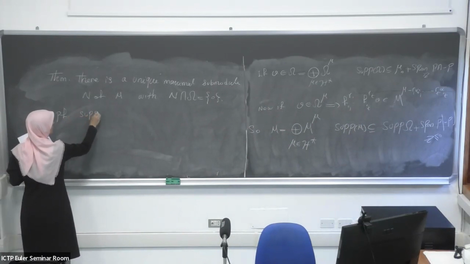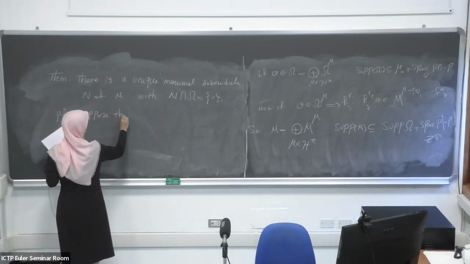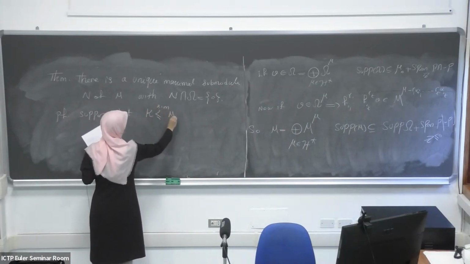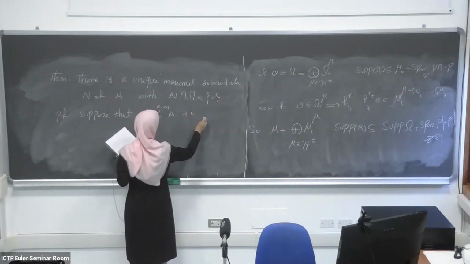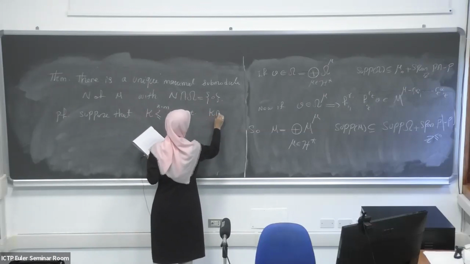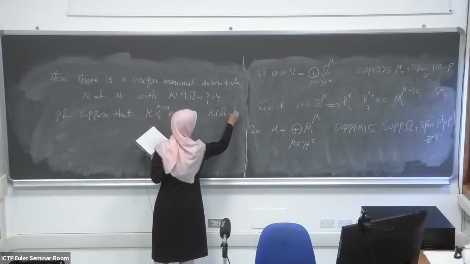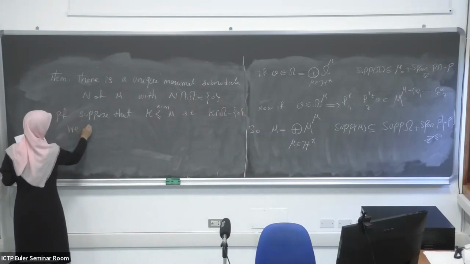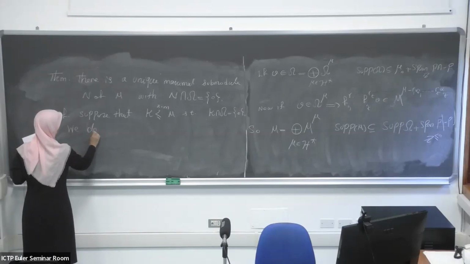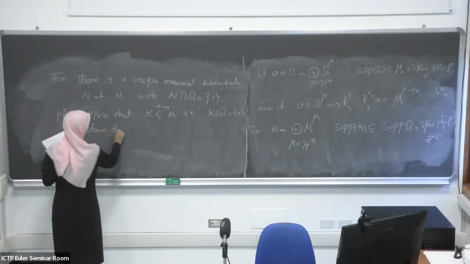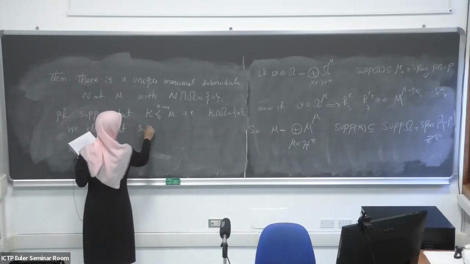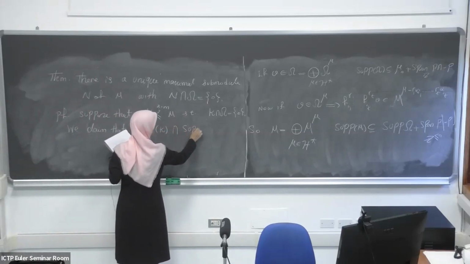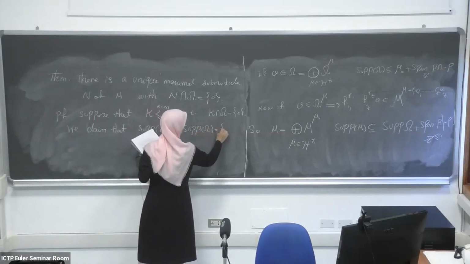Suppose that K is a submodule of M such that K intersection omega is 0. We claim that the support of K intersection the support of omega is empty.